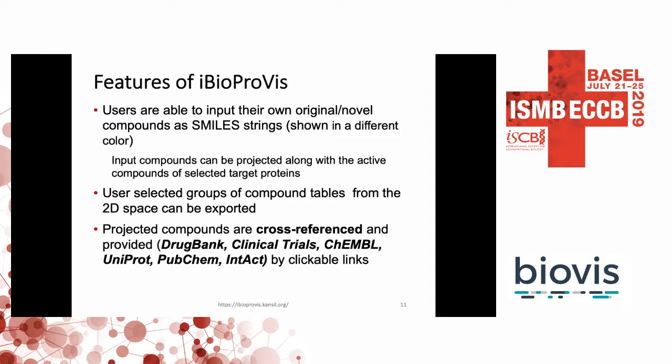There are various links to those, and the user can also input their own SMILES, new compounds, onto that projected 2D space. So they can compare their compounds with the previously known ones in our data set.